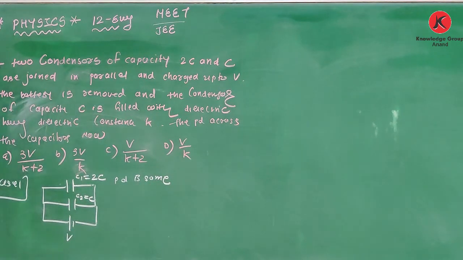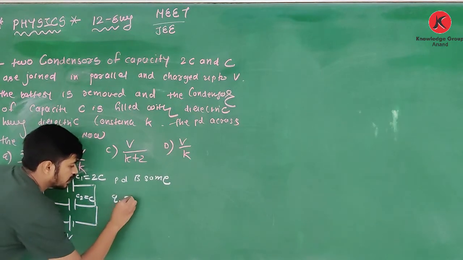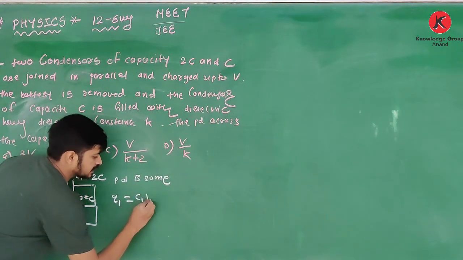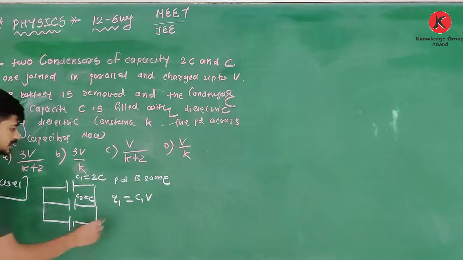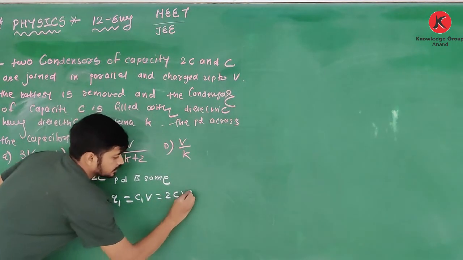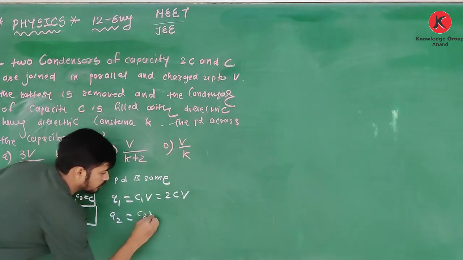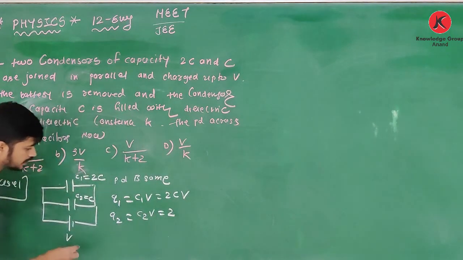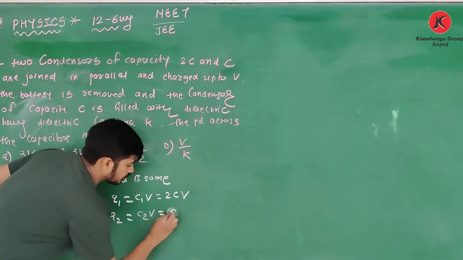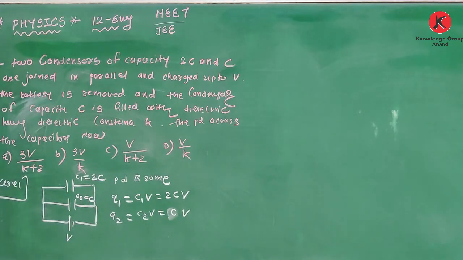So before connection, charge on first capacitor Q1 is equal to C1 V, it is 2CV. Charge on second capacitor Q2 is C2 V. Sorry, C2 means it is only C. So it is CV. Simple.